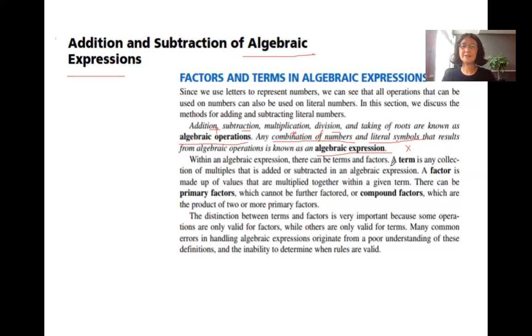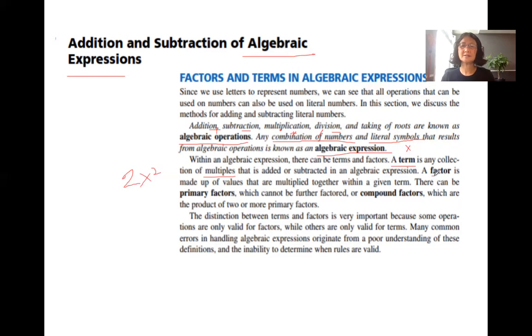The next term is a term. A term is any collection of multiples that is added or subtracted in an algebraic expression. For example, 2x, that is a term. Even 2x squared, that is a term.